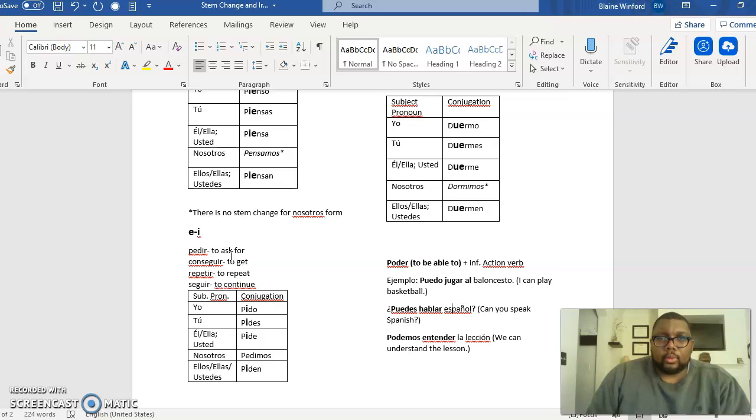And one of the other important things to note is that the stem change will occur on the next to last syllable. So a two-syllable word on the first syllable, a three-syllable word on the second syllable, a four-syllable word, we'll find it on the third syllable, and so forth.